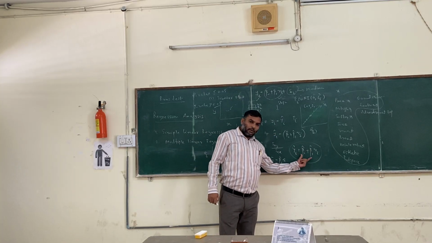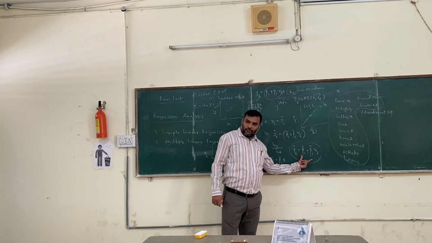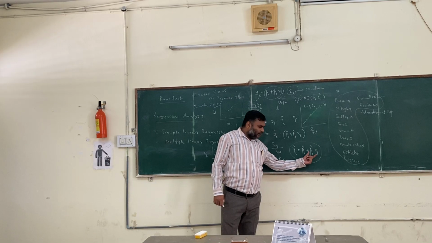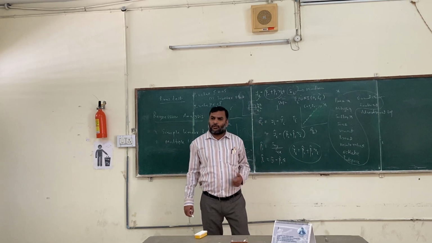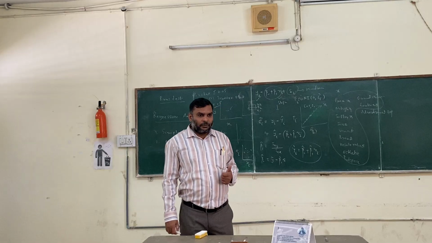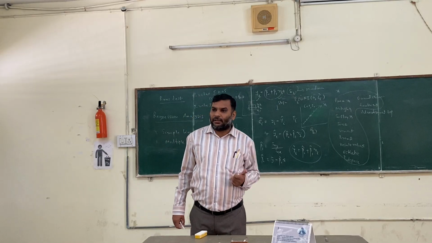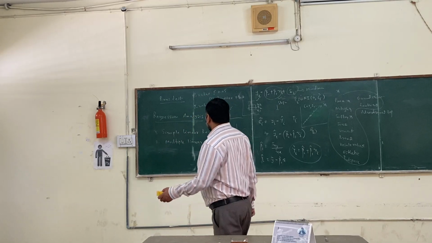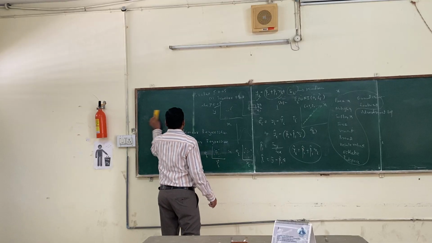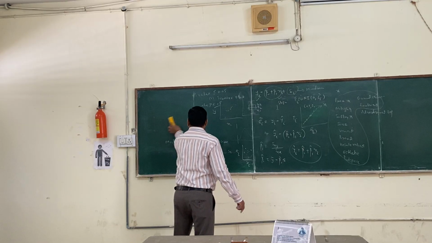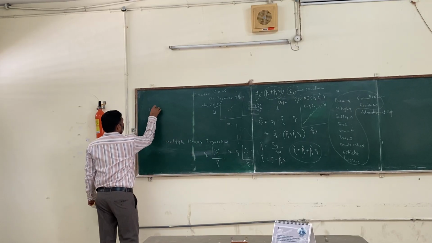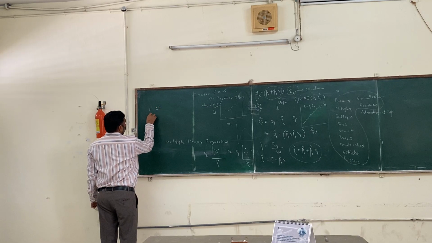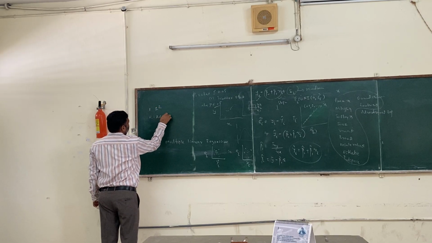Now, once you have the estimated model in your hand, you wish to verify whether x is really important to explain y or not. So you can apply the goodness of fit criteria. What are the goodness of fit criteria we have seen? First is R square. Second is adjusted R square.